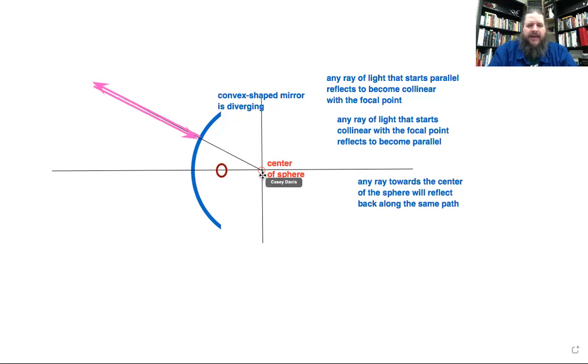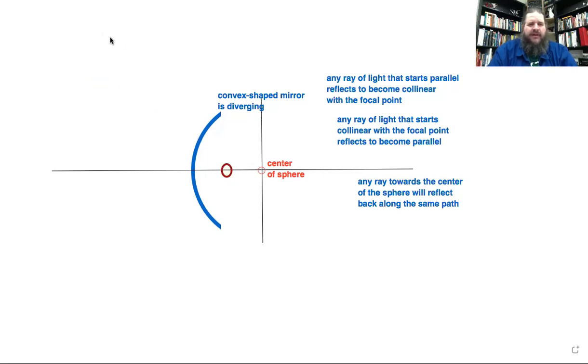Yeah, half the radius, exactly halfway between the center and the surface. And I think I've drawn it a little bit not quite to scale here, but formally the focal point should be exactly halfway between the center of the sphere and the surface of the sphere. So half the radius away from the center and also half the radius away from the surface itself. And generally, we're going to be measuring any and all distances from the surface of the sphere.